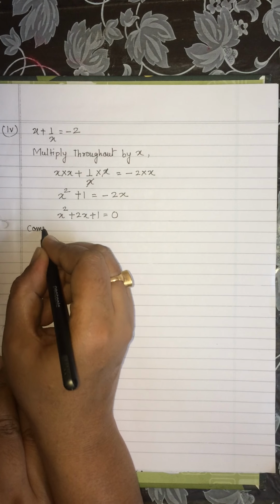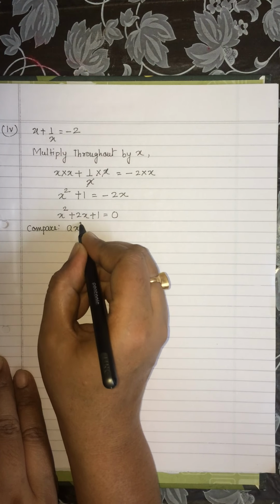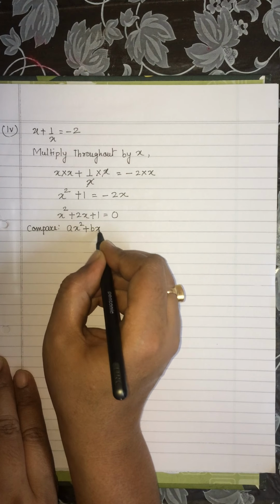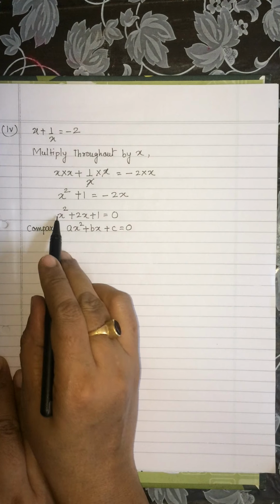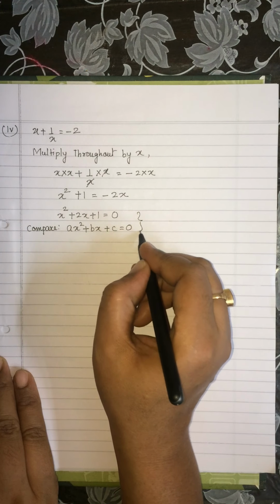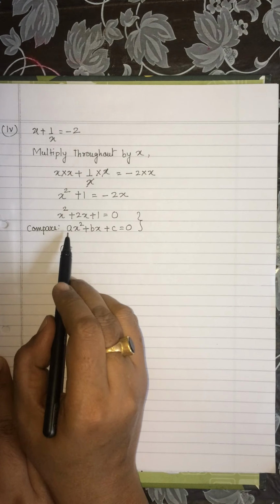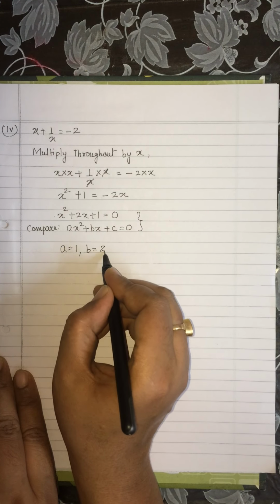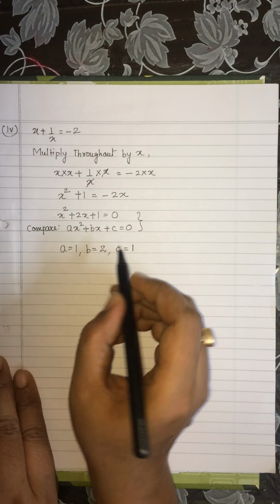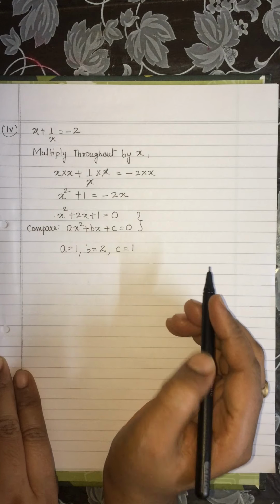Compare it with the general form of the quadratic equation as ax square plus bx plus c is equal to 0. What do you get if you compare these two? If you do the comparison, you get the values of a is equal to, children, c, no number means always 1, b is equal to 2, and c is equal to 1.